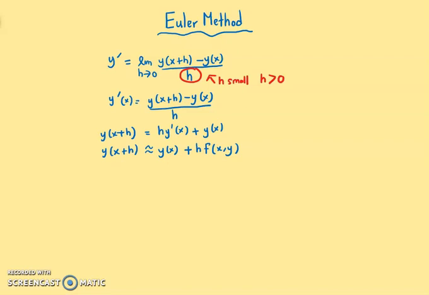Now numerically we can replace the exact value with the approximate value. So this y of x plus h I can write as y n equals y n minus 1 plus h f of x n minus 1, y n minus 1.